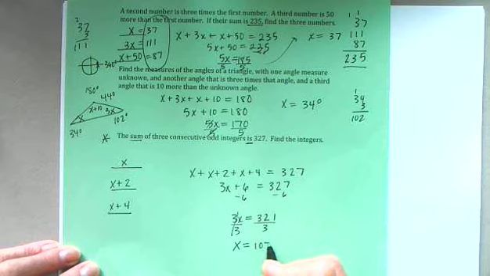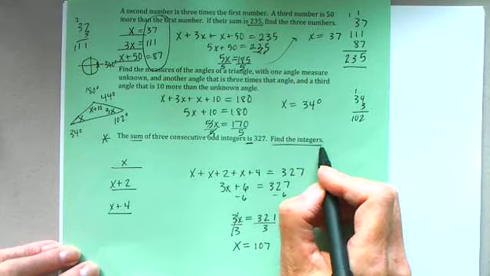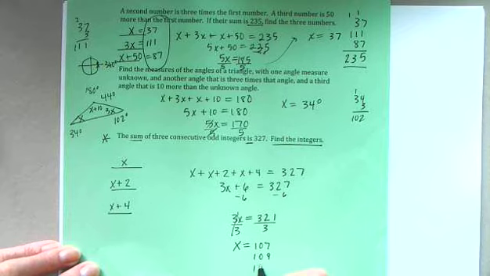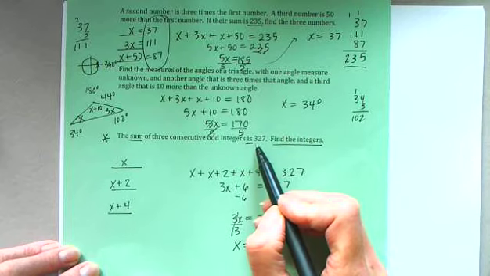And that is 107. But look, the question says find the integers. So that's one of them. What's the next one? 107, 109, and 111. Those are 3 consecutive odd integers. And you could check, they should add up to 327.